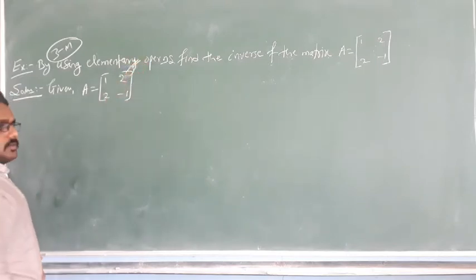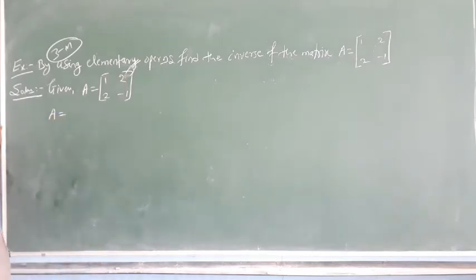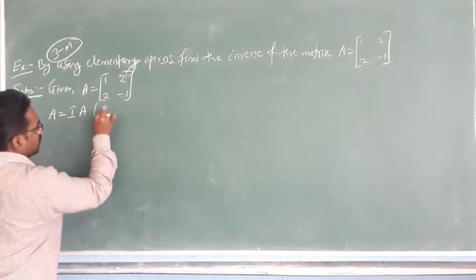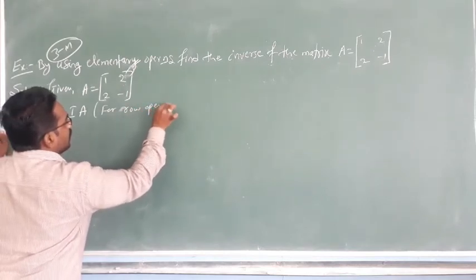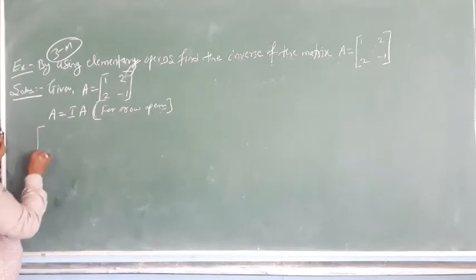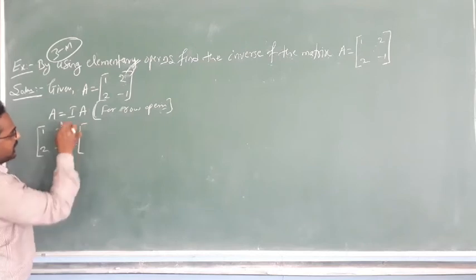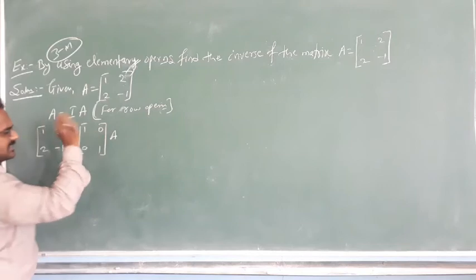I already mentioned that for row operations you have to write A equals IA. So what is A here, students? That is 1 2 2 minus 1 equals the identity matrix 1 0 0 1, times A. Don't write the matrix A, write just A.